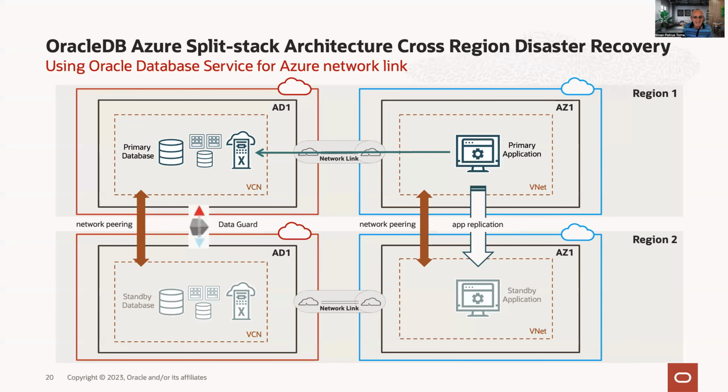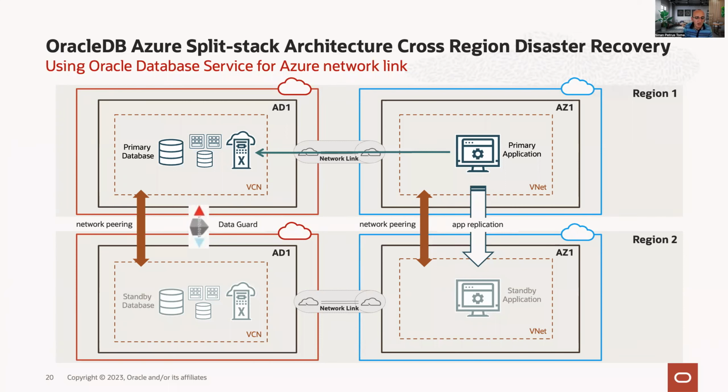And with that, let's have a look at best practices and the situation when we are using split stack architecture for cross-region disaster recovery scenarios using Oracle Database Service for Azure. On the left side, we have AD1 across regions, as the title also says.